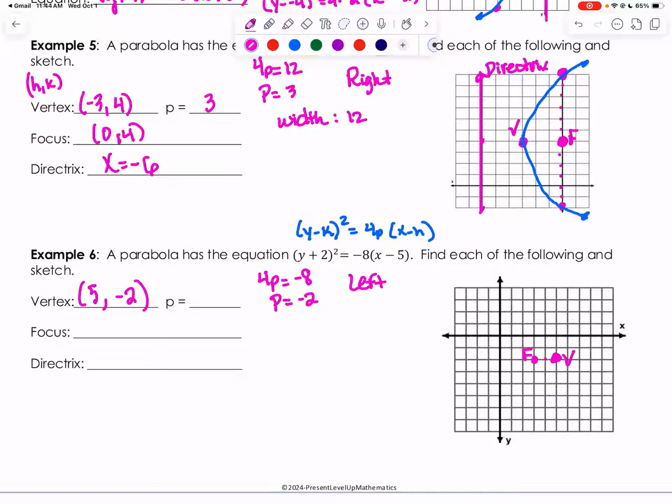And that would give me my focus point. 1, 2, 3. Whoops, put it in the wrong place. Get rid of that. This was supposed to be -2. Now go the opposite direction, 1, 2 units, and that will give you the directrix.